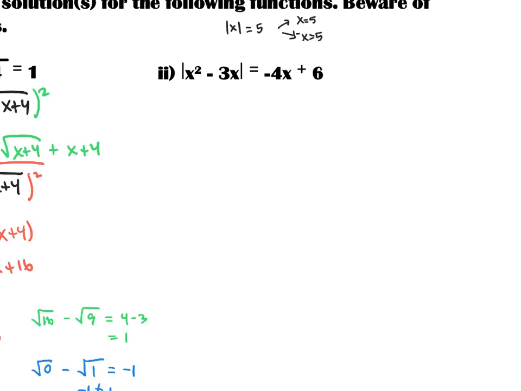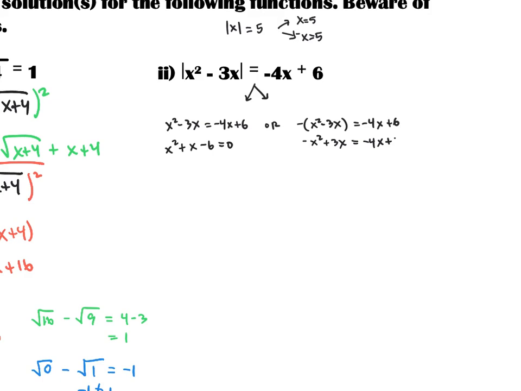Therefore, in this case, if I've got absolute value, this is a very unique situation, I would have that x squared minus 3x equals -4x plus 6, or the opposite of x squared minus 3x is equal to -4x plus 6. So let's algebraically get everything on one side. I'm going to have x squared plus x minus 6 equals 0. And over here, I would have the opposite of x squared plus 3x equals -4x plus 6.